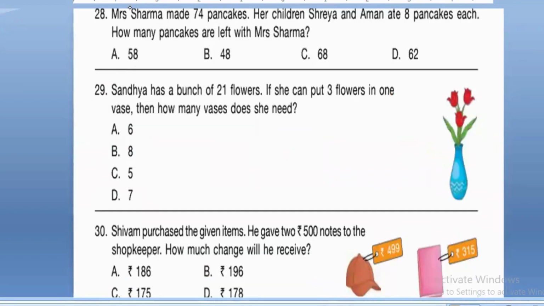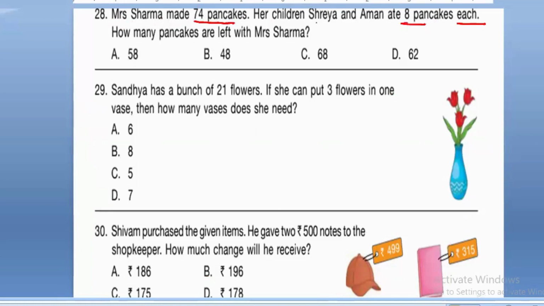Now the next question is question number 28. Question 28 is saying that Mrs. Sharma made 74 pancakes. Now her children Shreya and Aman ate 8 pancakes each. Then how many pancakes are left with Mrs. Sharma?